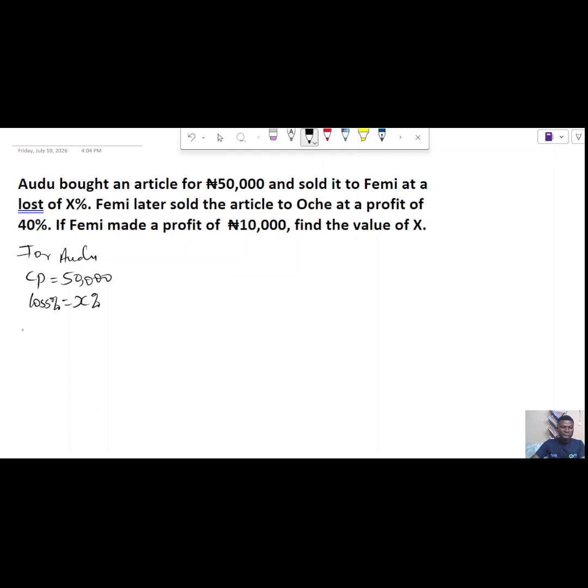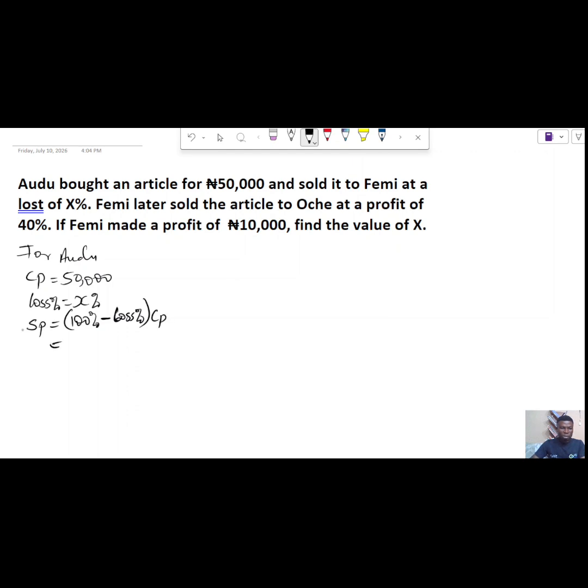Now from here, the selling price will be equal to 100% minus the loss percent, because we are told that he made a loss, then multiply by the cost price.